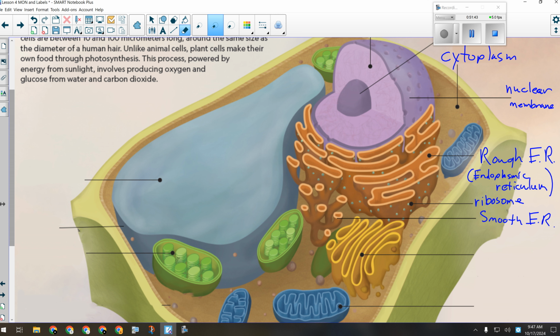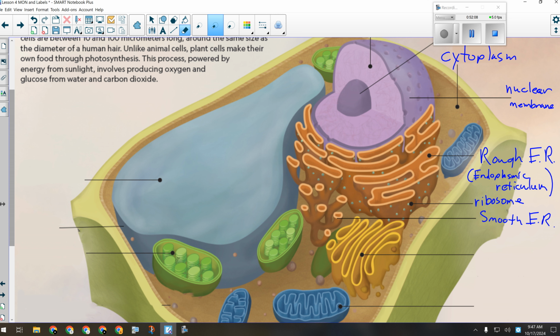But things like that we consume, and they're toxic. The smooth ER's job is to break those things down into things that are less harmful. And that's why your liver cells have more smooth ER than any other cell in your body. Because your liver's job is to clean toxins out of your blood. So those liver cells would have more smooth ER than anything else.